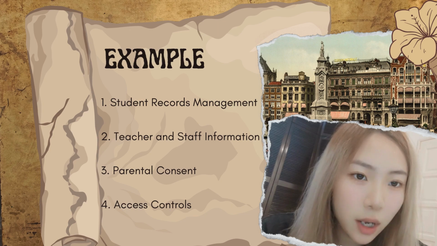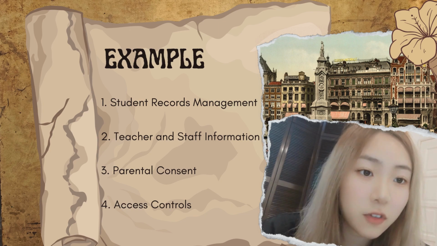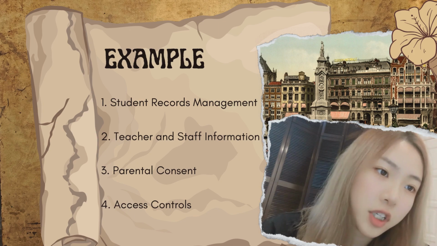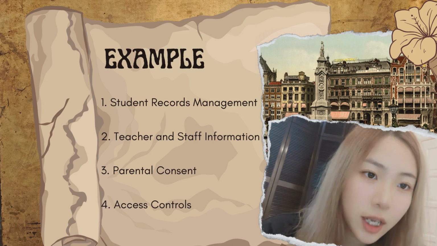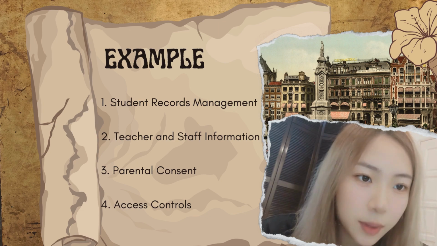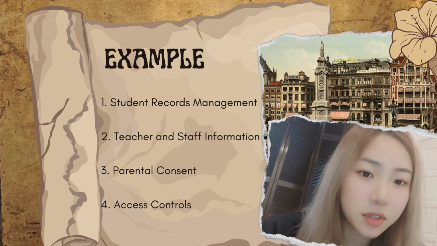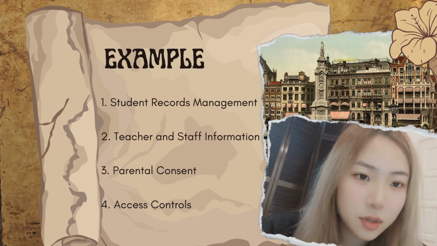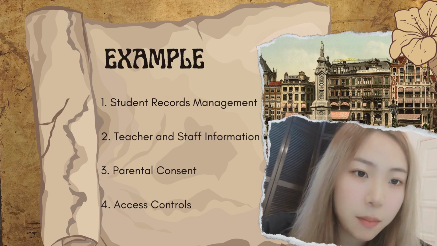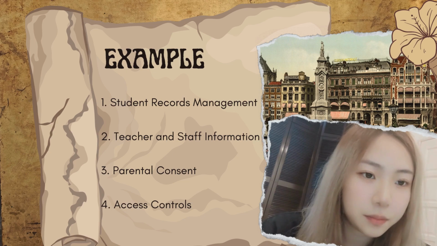The second one is teachers and staff information. The school also maintains records for teachers and staff, including employment history, professional development activities, and contact information. The third one is parental consent.